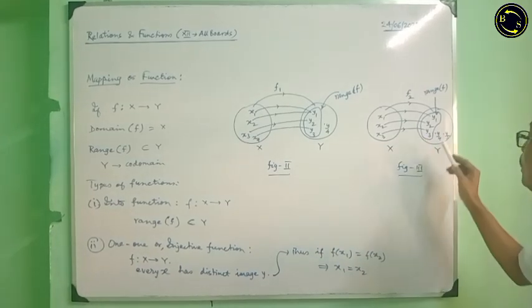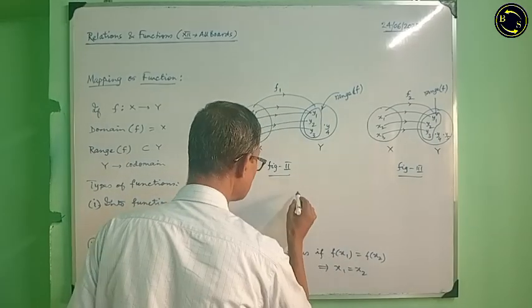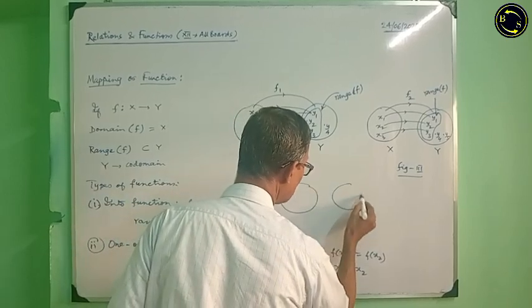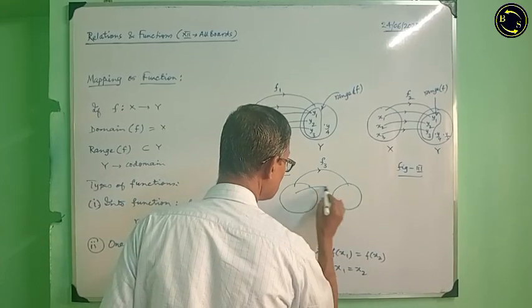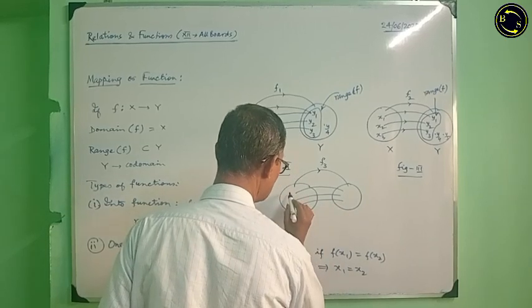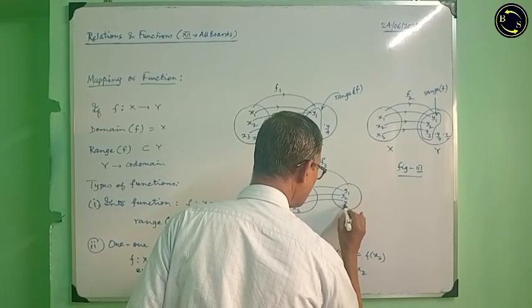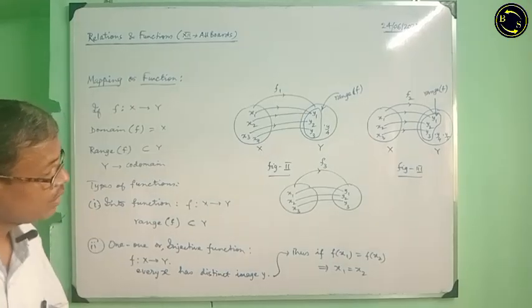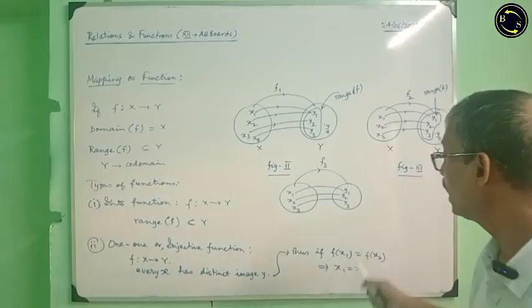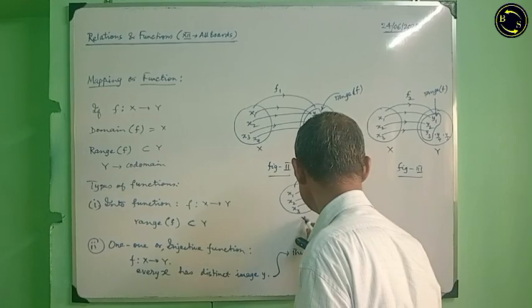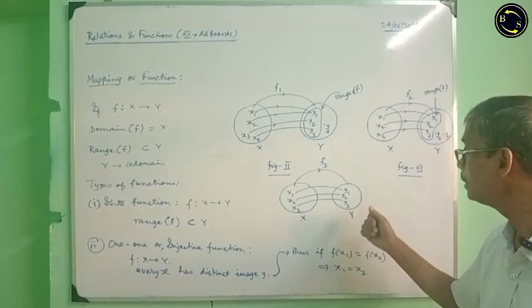Those are not associated with any member x of set X. Now, if we consider this figure, so function 3, that means no y is there which is not associated to any x of set X. No element of Y is left out.